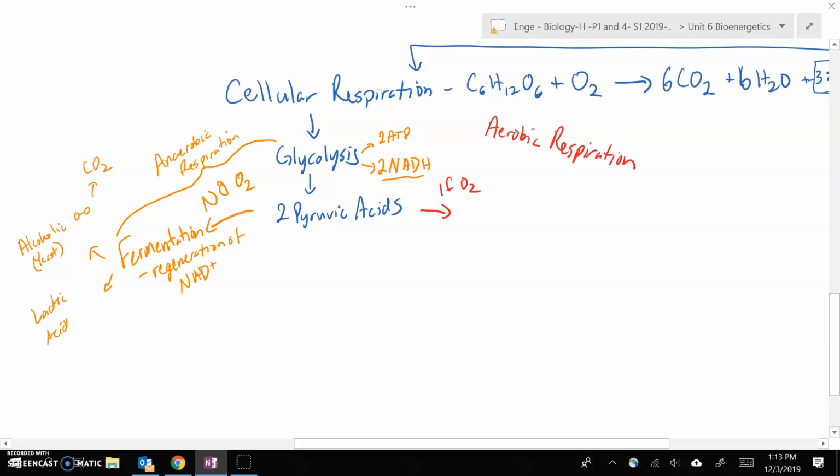Now, in aerobic respiration, we take our pyruvate, which are 3 carbons, right? And the first thing that we do is pop one off. Release the CO2. And then we add something called coenzyme A to make acetyl-CoA.